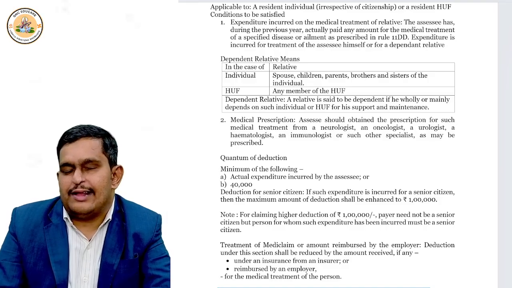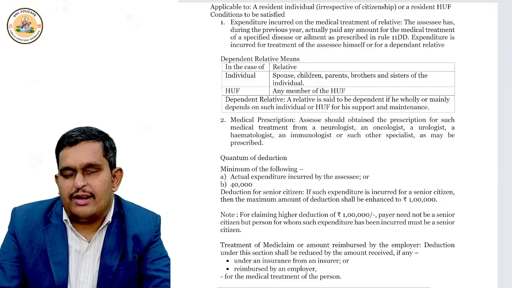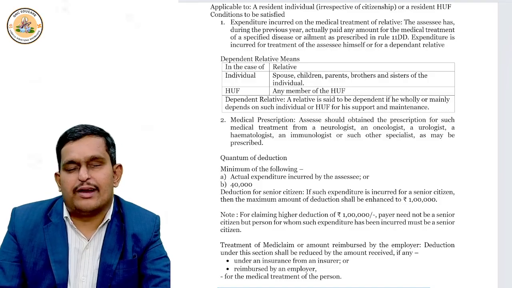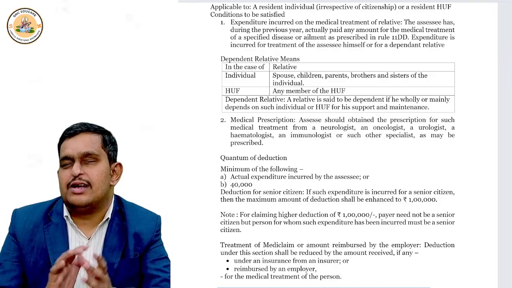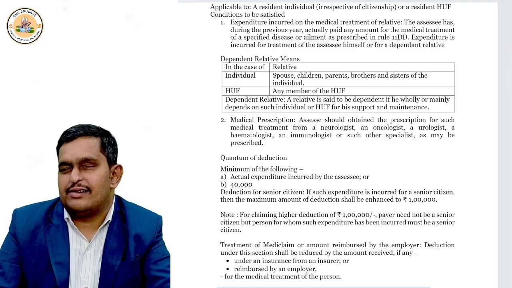No, it is actual expenditure or standard limit, whichever is lower, and from that lower amount, you deduct the insurance amount claimed, or the amount claimed from the employer. This is how you are supposed to remember each and every topic.